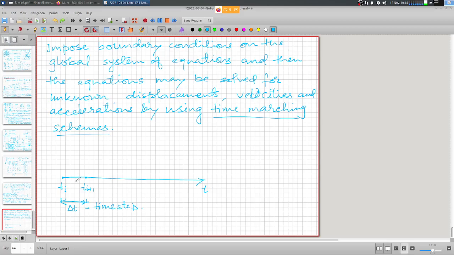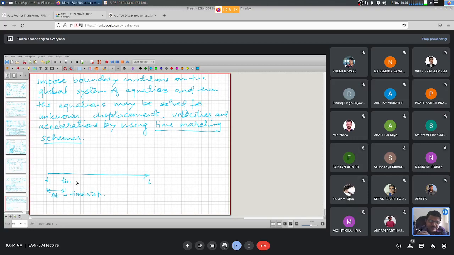So I guess time marching schemes have already been discussed in great detail by Saurabh in his course on numerical methods, and so I will not delve any deeper on this topic.